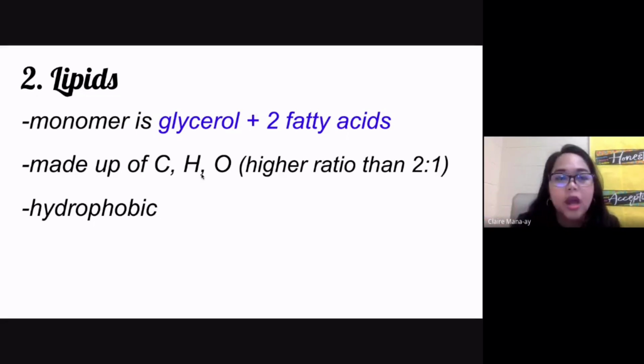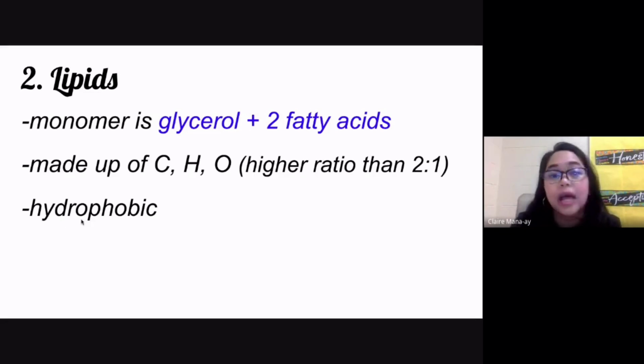Now, just like your carbohydrate, your lipids are also made up of carbon, hydrogen, and oxygen, but the ratio of hydrogen and oxygen is actually higher than 2:1. The proportion of your hydrogen and oxygen atoms is not the same as in carbohydrates. Because of this, your lipids are hydrophobic molecules, which means they don't like water.